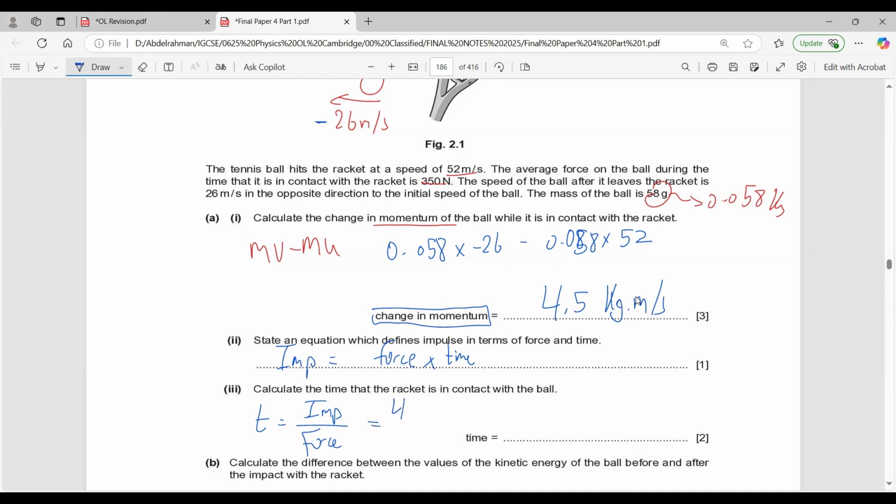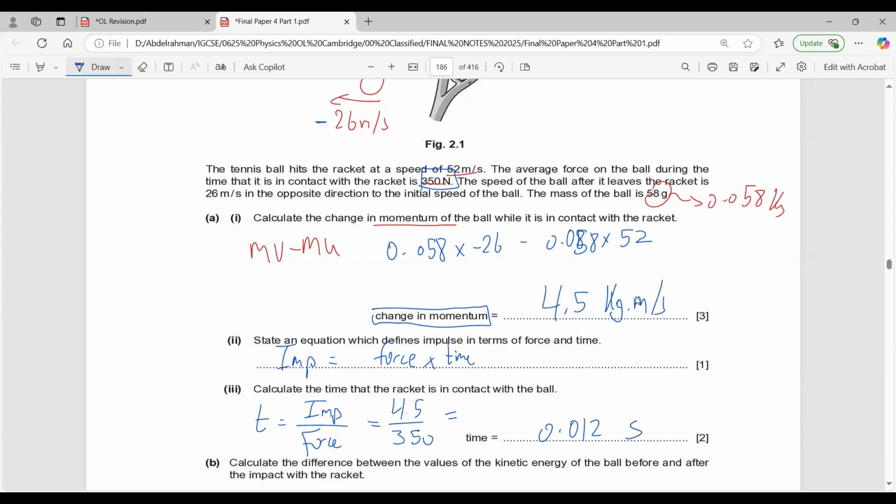The impulse is 4.5 and the force is 350 newtons. So 4.5 divided by 350 newtons, which is 0.012, not 0.12, seconds.